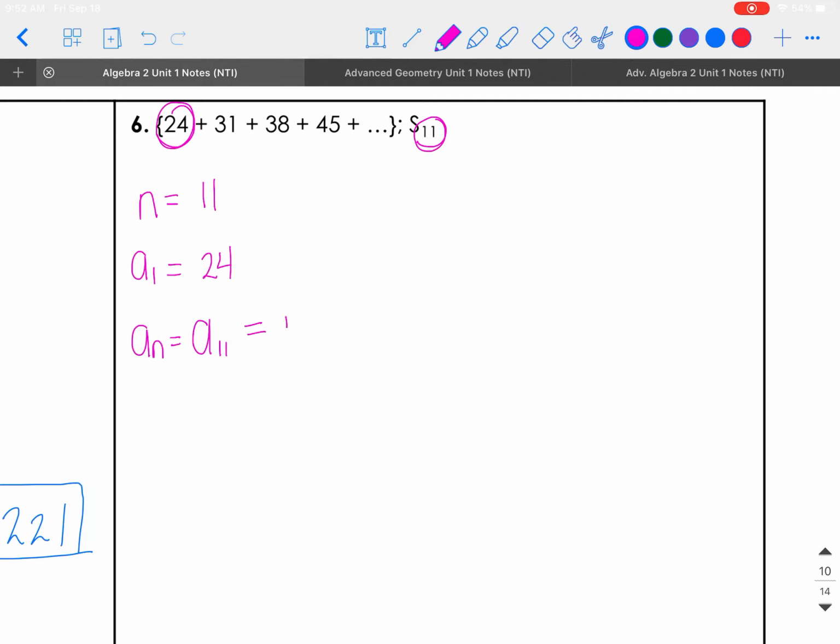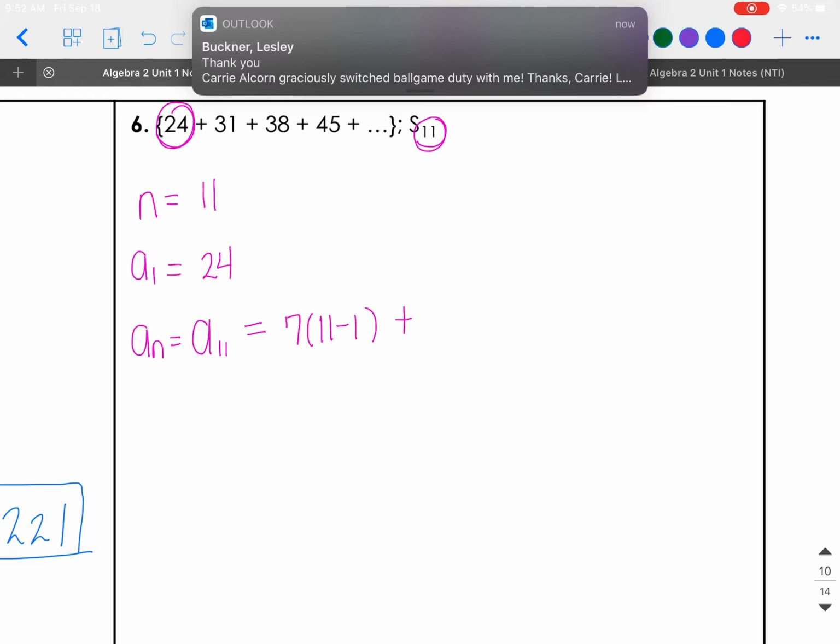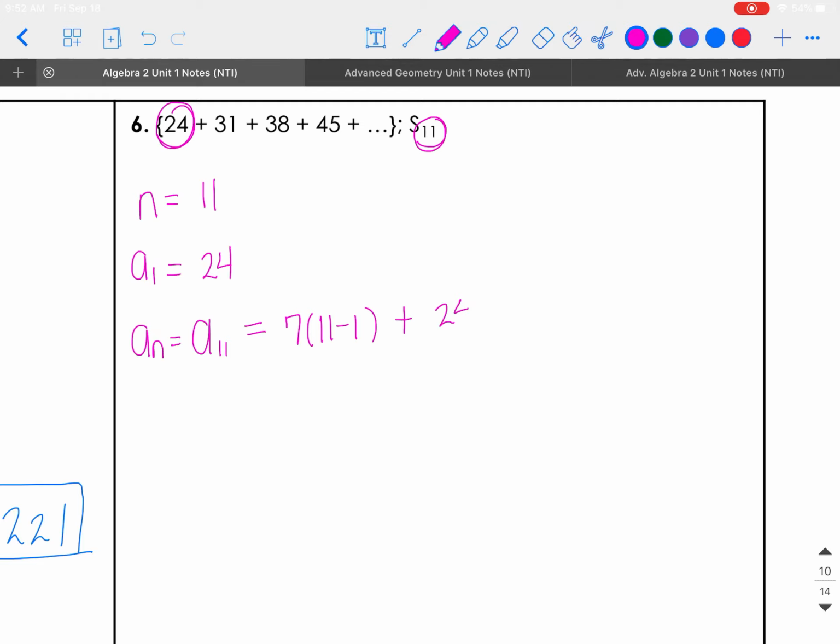We need my common difference, which is 7. And in parentheses, 11 minus 1, plus 24. And if you type that in your calculator, you get 94.